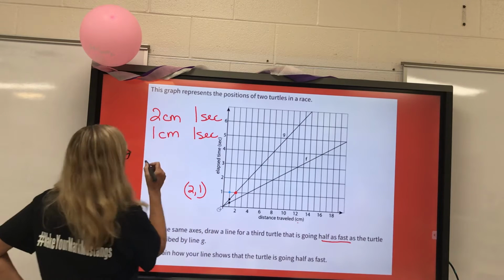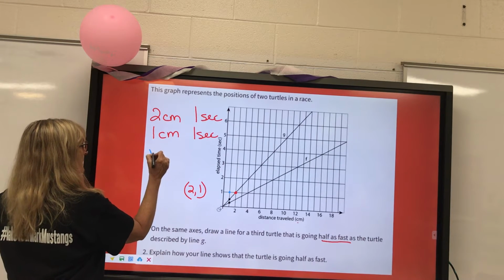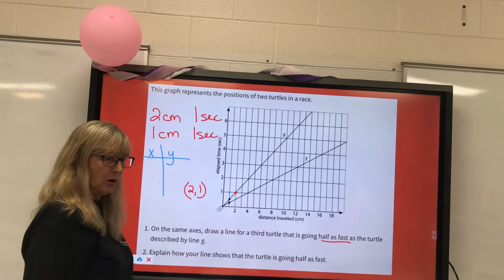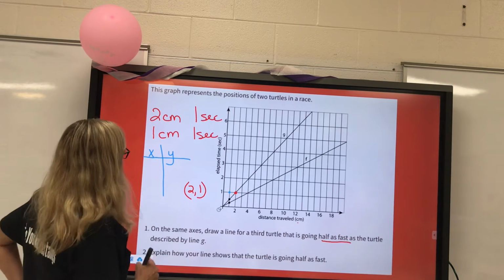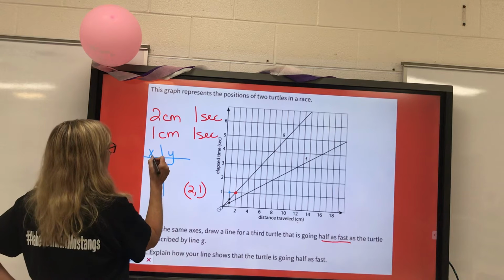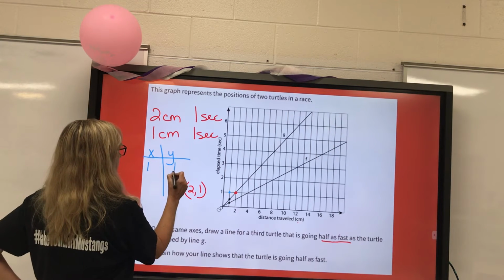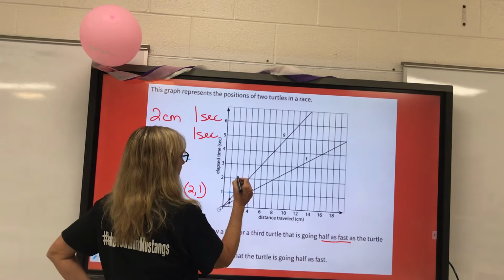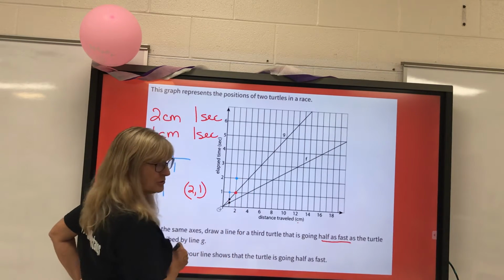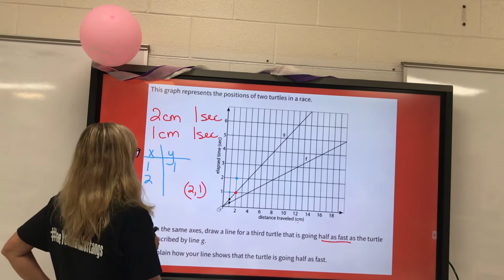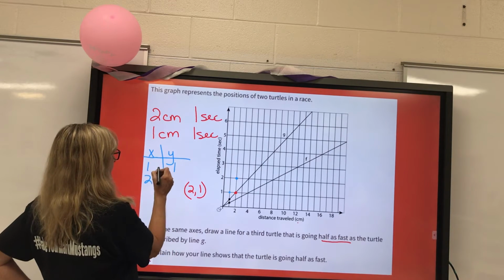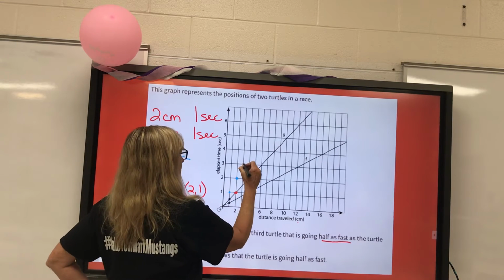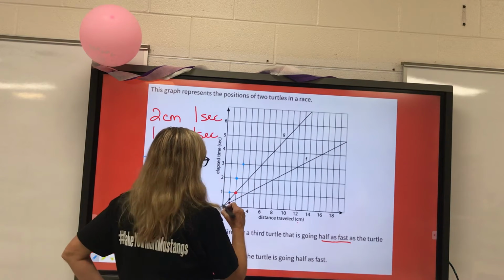Is this one on our notes? No, this is a different problem. Okay? So we have x is 1, y is 1. What if x is 2? What's y going to be? 2. Right? Because what's the COP here? 1. So then the third turtle is going to look like this.